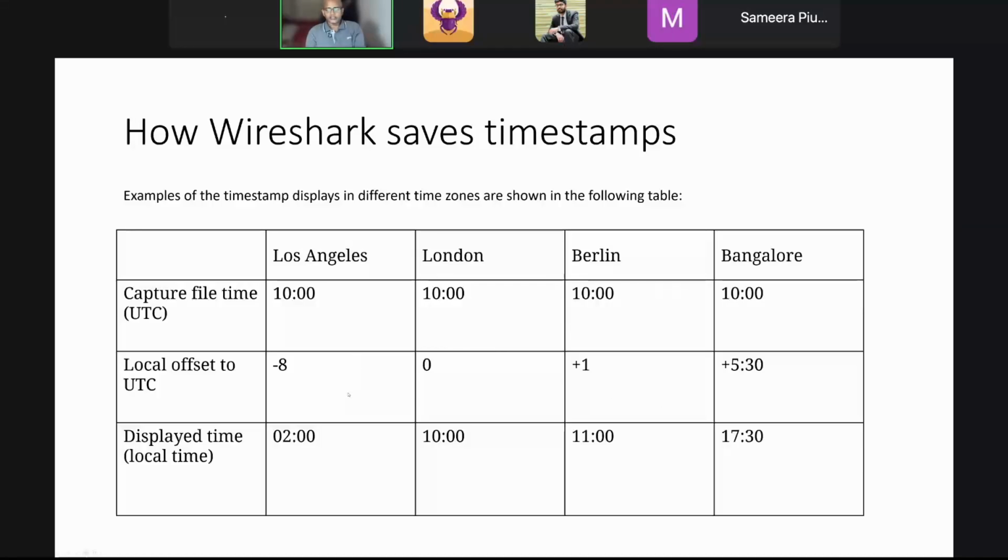If you are in Los Angeles, you are behind by 8 hours. If you are in Berlin, you are ahead by 1 hour. If you are in Bangalore, India, you are ahead by 5:30, which is the same for us. The display time shows the exact time where you are, but the captured time is 10 a.m. The captured time shows the same number for all the sites. Based on the local offset, the display time changes when you open the capture on the destination machine after you copy the capture.